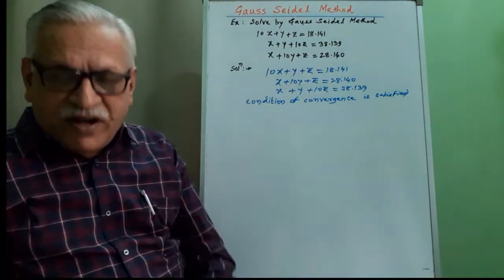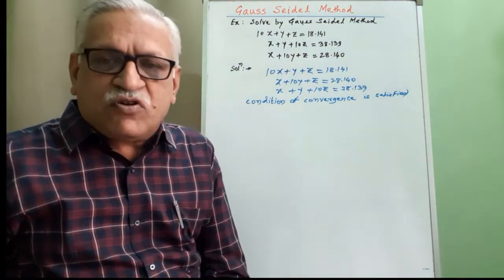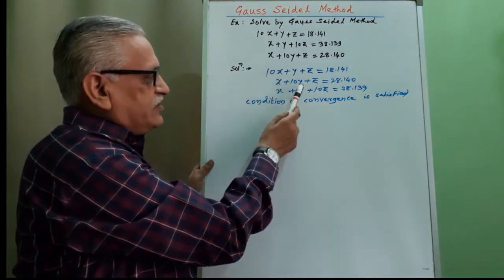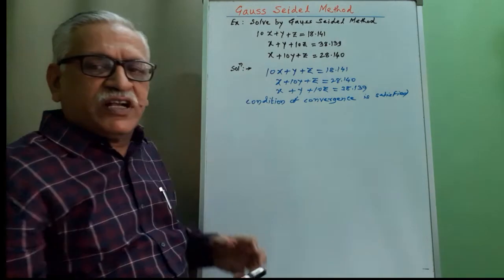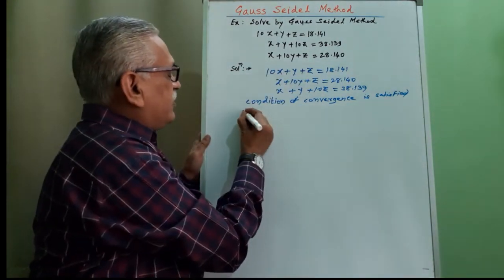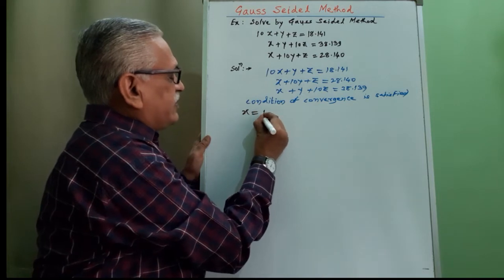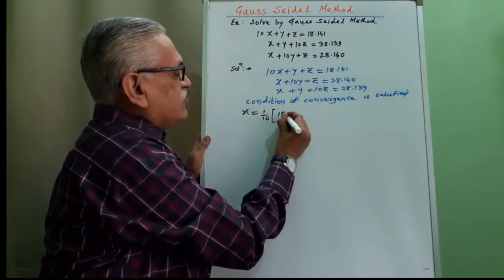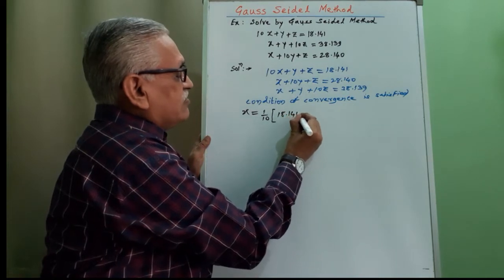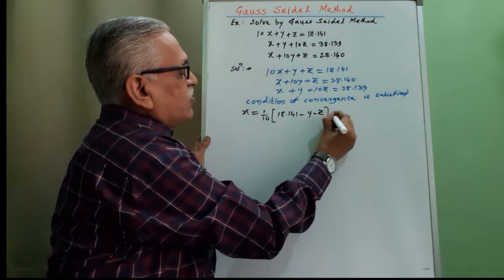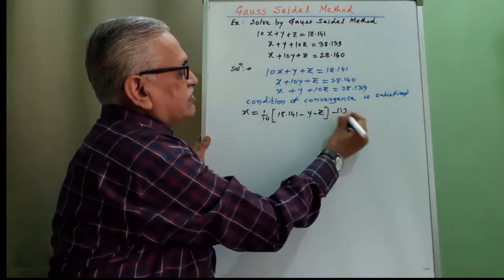As it is satisfied, we have to solve the equations for the highest coefficient. Means first we have to solve for x, second for y, and third for z. From the first equation we get x is equal to 1 by 10 times (18.141 minus y minus z), and we call this equation 1.